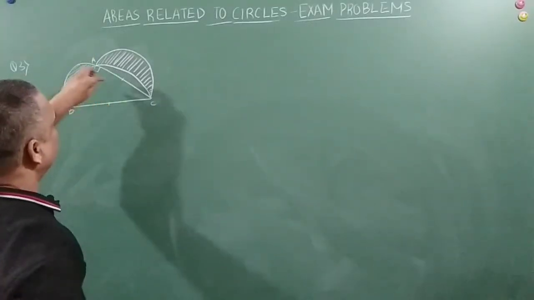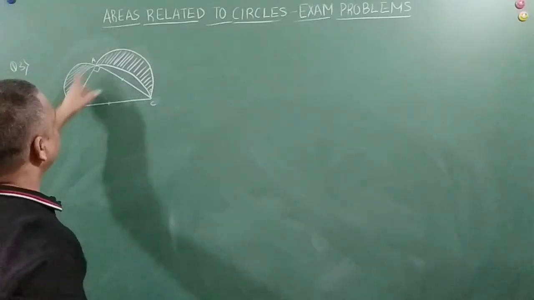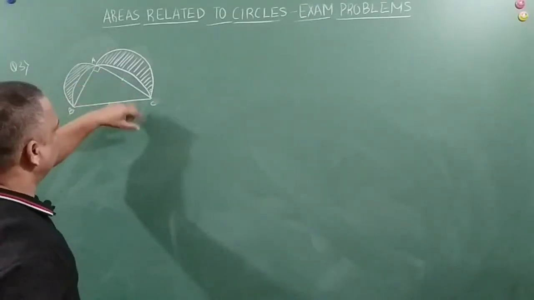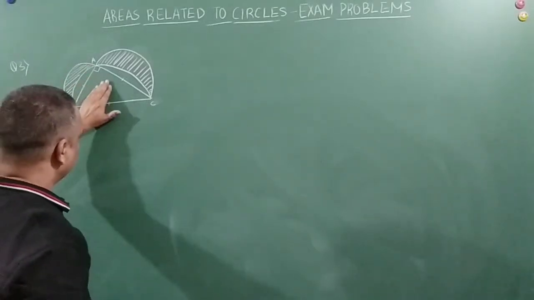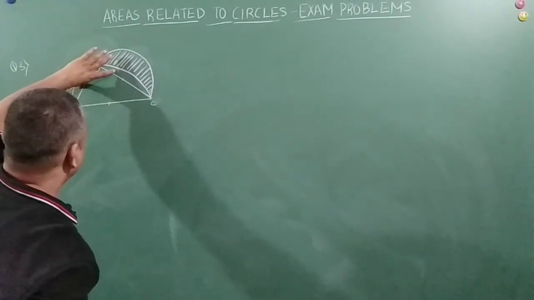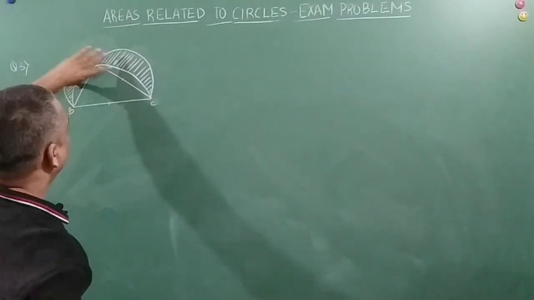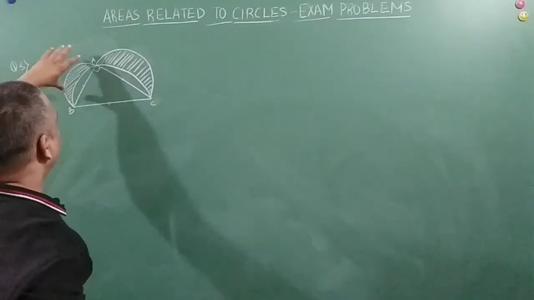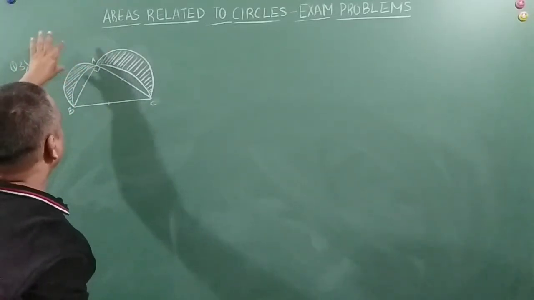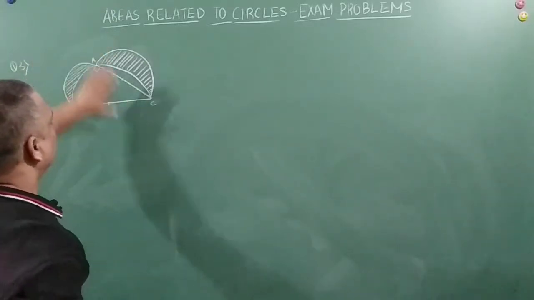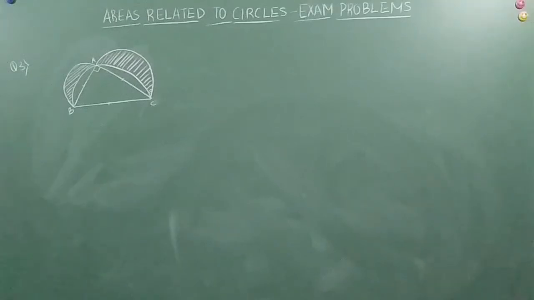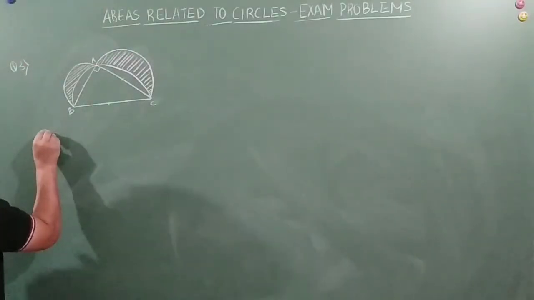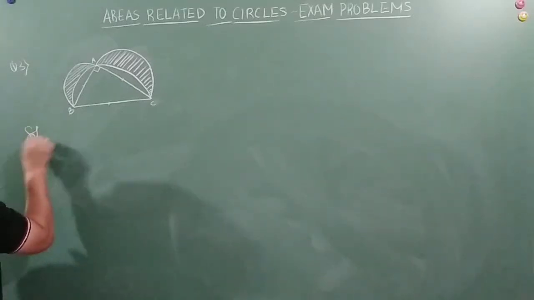Area of this semicircle BAC will give me this, right? Minus area of triangle will give me this and this, right? And if I subtract that from area of this semicircle and this semicircle, I'll get this required area, right? So first let us do area of semicircle with diameter BC. So let's try solving it.